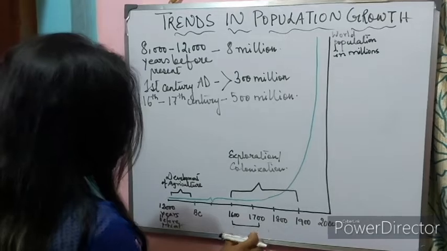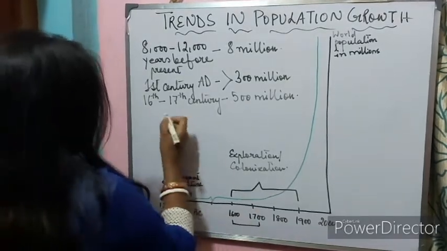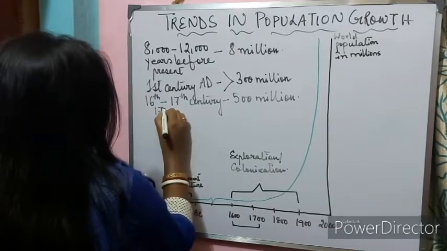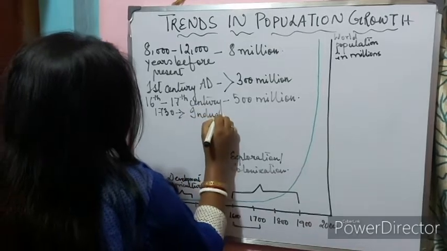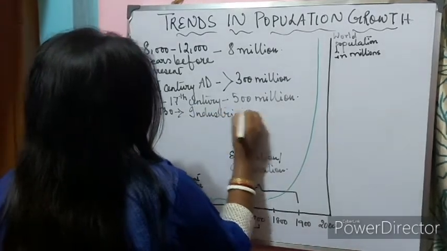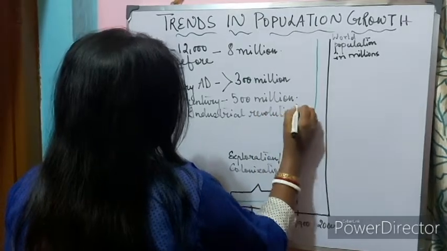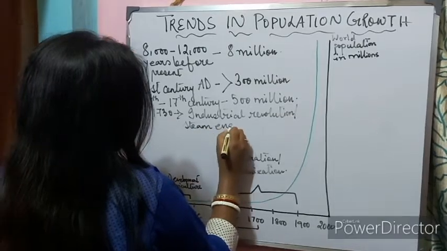Also in this period from 1600 to 1700, in 1730 the industrial revolution began. With the industrial revolution, the steam engine was introduced.